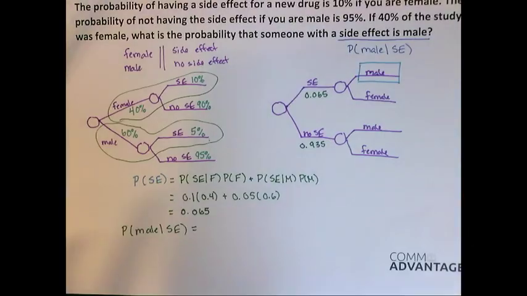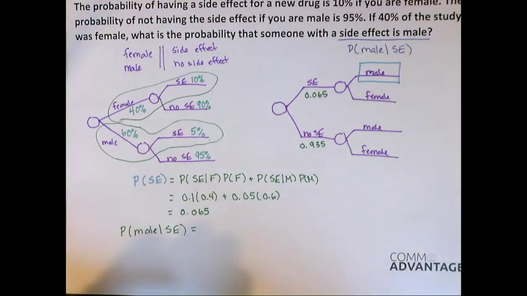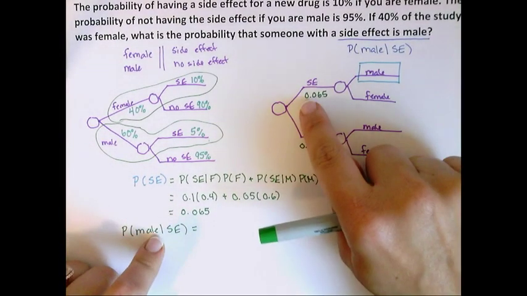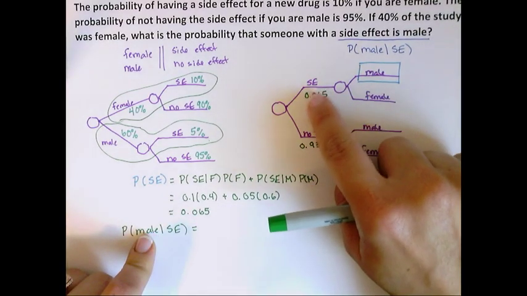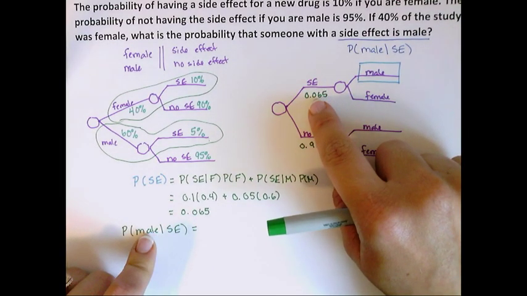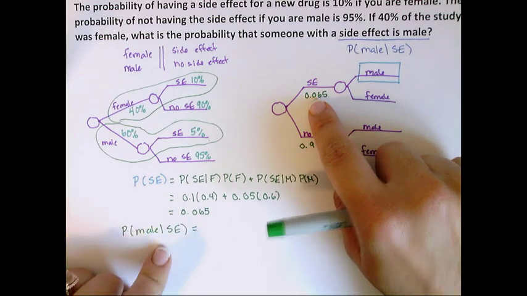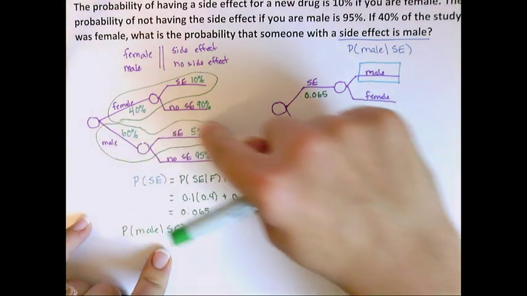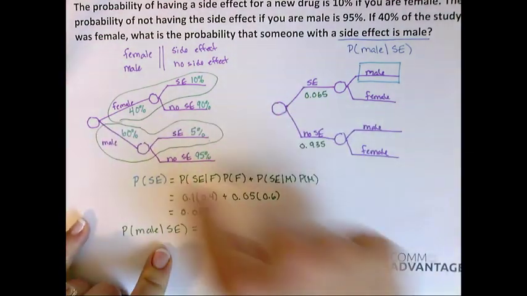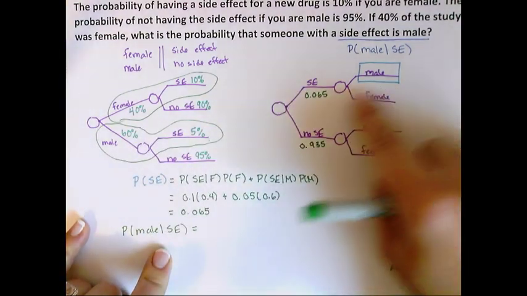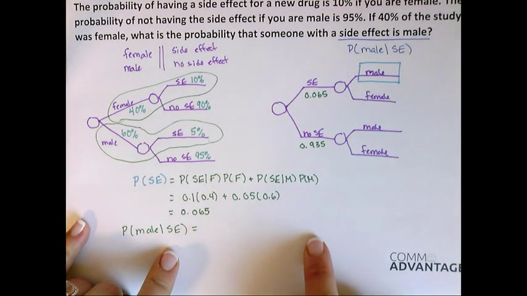What is this practically speaking? I have male, I want male given that I know that they have a side effect. I basically want to take that branch from the other tree that's going in the wrong direction, not what we want, and I want to divide it by my total probability.